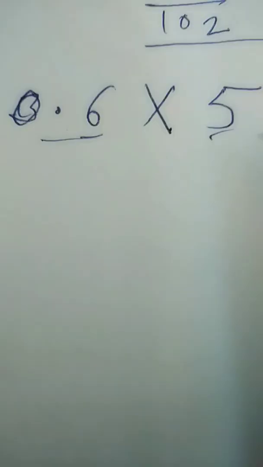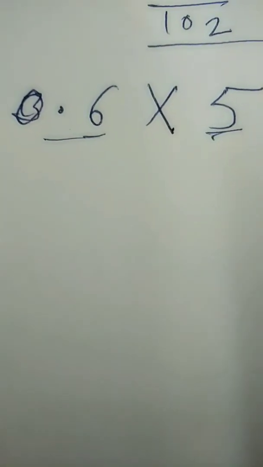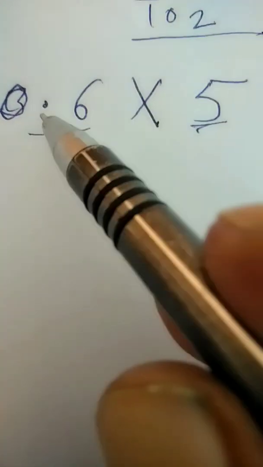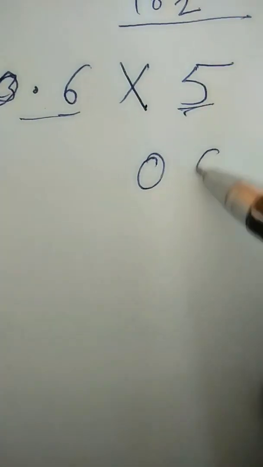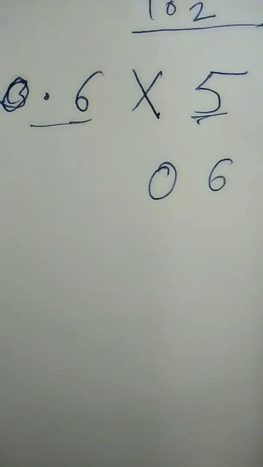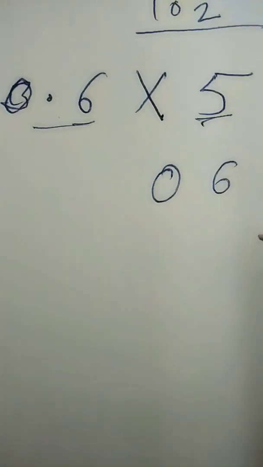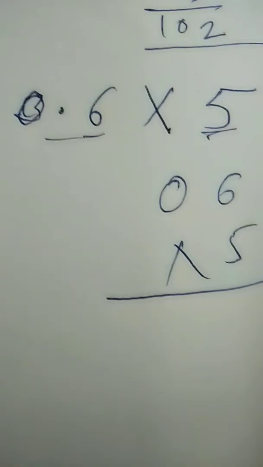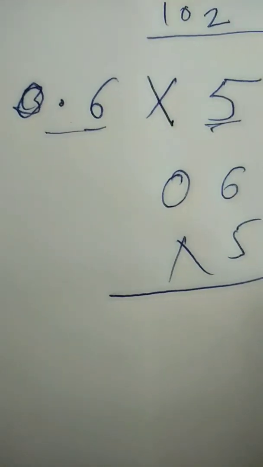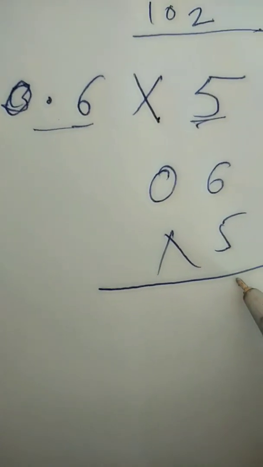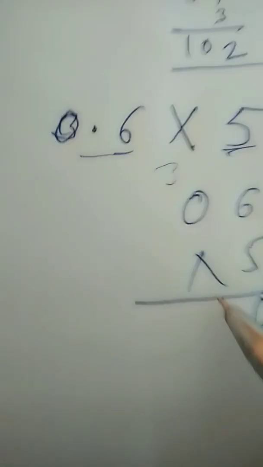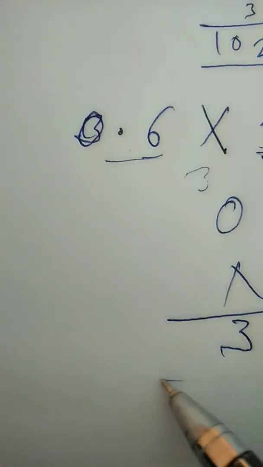The best way, I think, that I am going to give you, is to ignore the decimal. If there is no decimal, that is 6 multiplied by 5, what is the answer? 6 fives are 30.